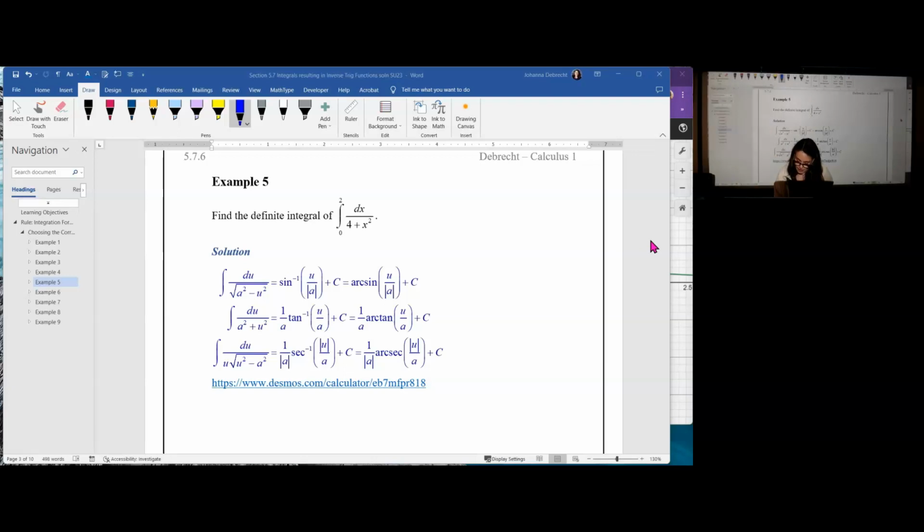This is a plus, which directs me to arctangent. I need to find a squared, which becomes the 4, which means that a, the principal square root, is 2. The variable term replaces u squared, which means that u is x.